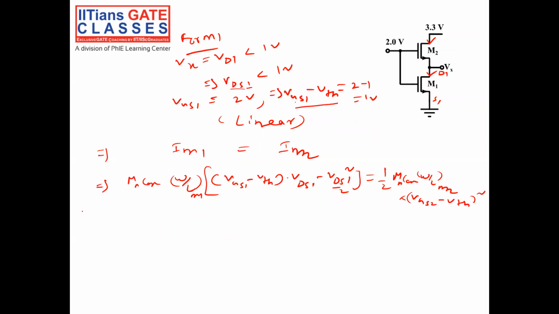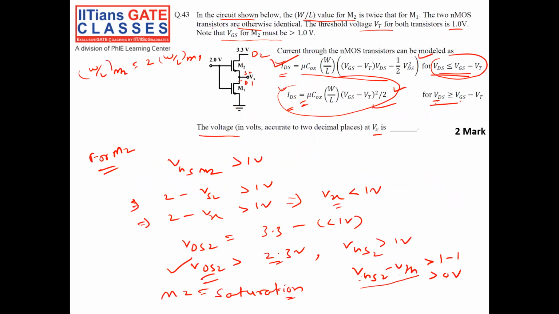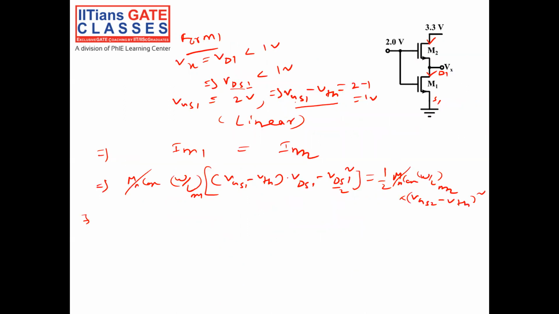Now we have to find out. Simplifying, W by mu1 Cox gets cancelled, right. W by L of M2 is twice that of M1, so I can put W by L of M1.